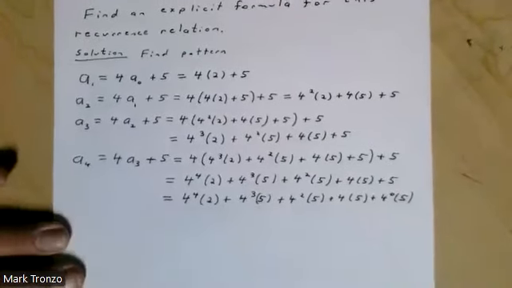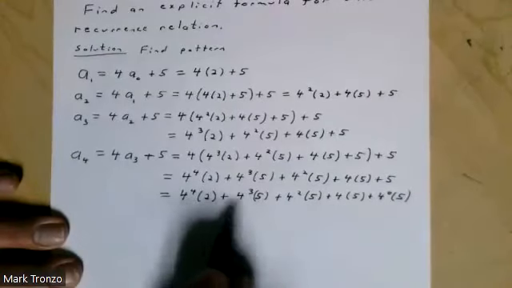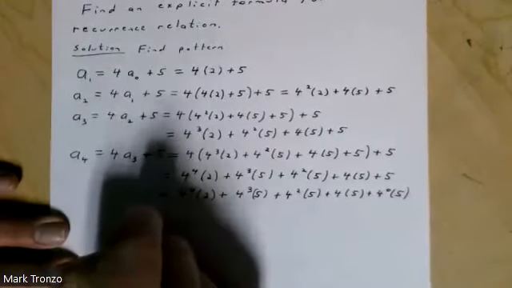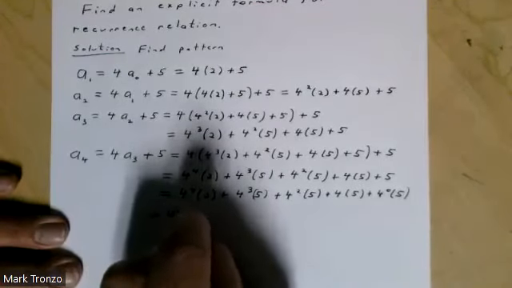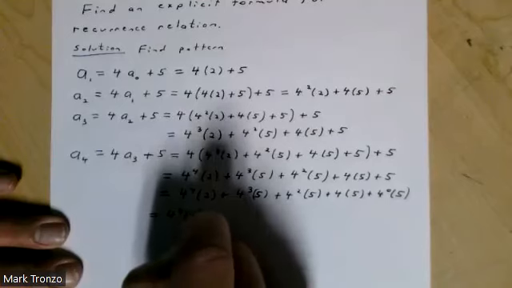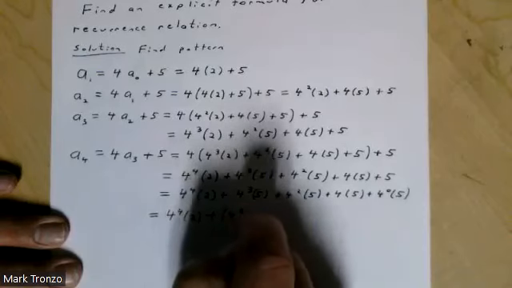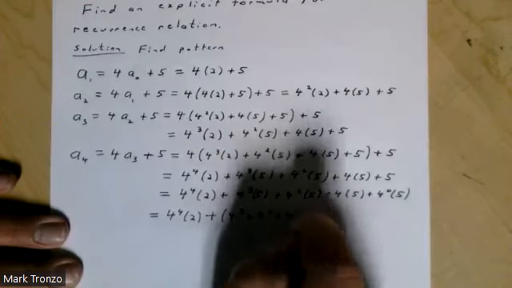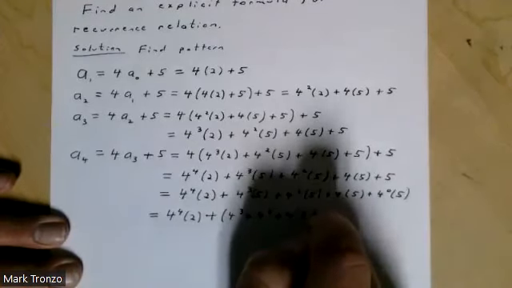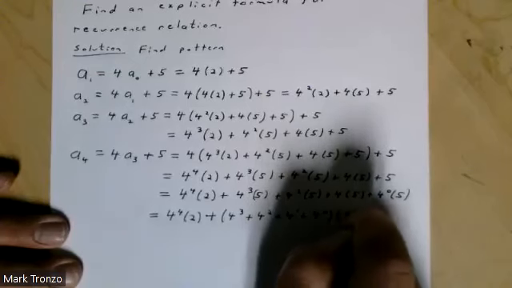Like that. And then let's factor out this 5. We can't factor this 2 out, but we can factor out the 5. And we can say this is going to be 4 cubed plus 4 squared plus 4 to the 1st, 4 to the 0 times 5.